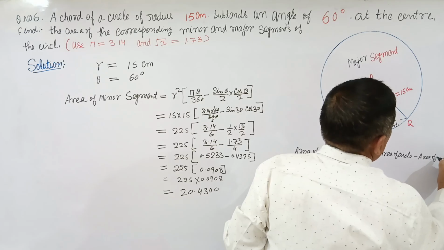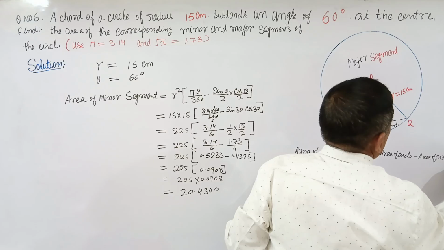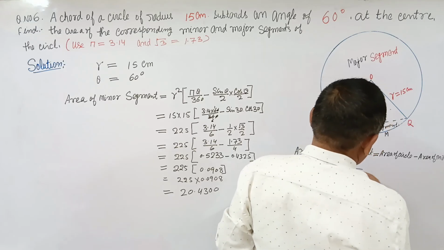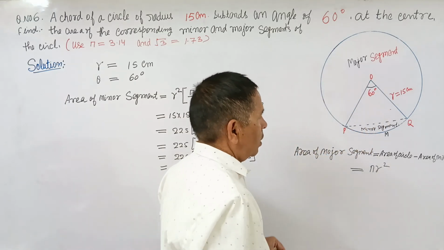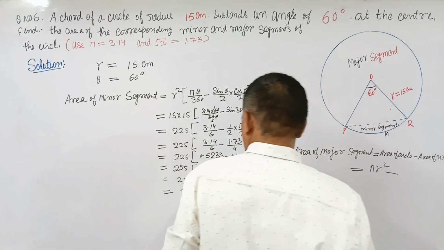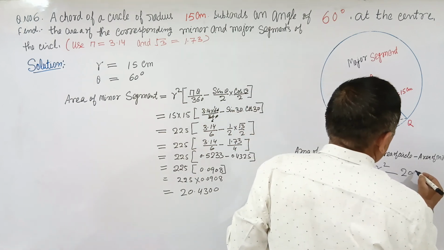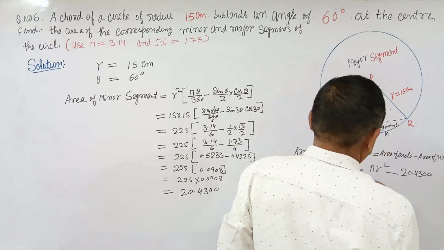Area of the whole circle is pi r square, and area of minor segment is 20.4300.